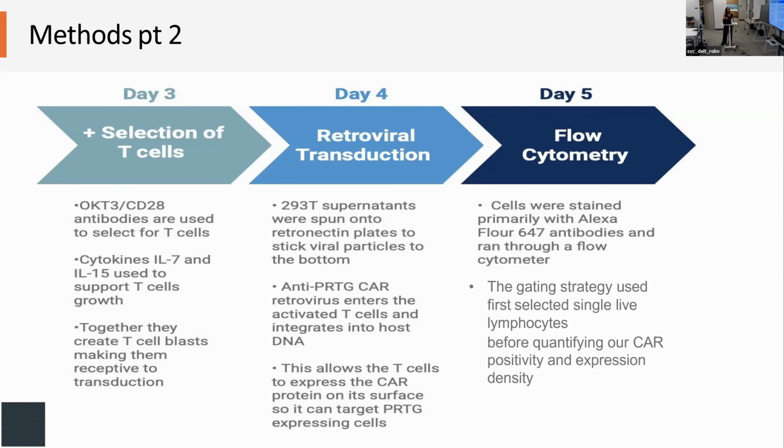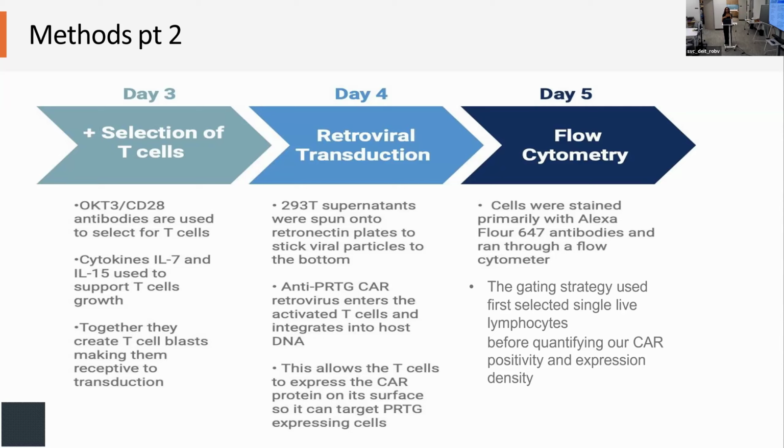So after these cells were gathered and the plasmids were put into the cells, we use OKT3 and CD28 antibodies to select for the T cells, and then we use the cytokines IL-7 and IL-15 to help support the growth.